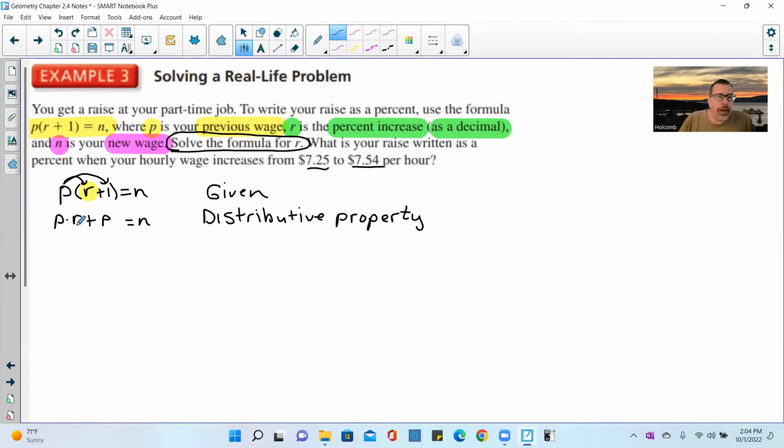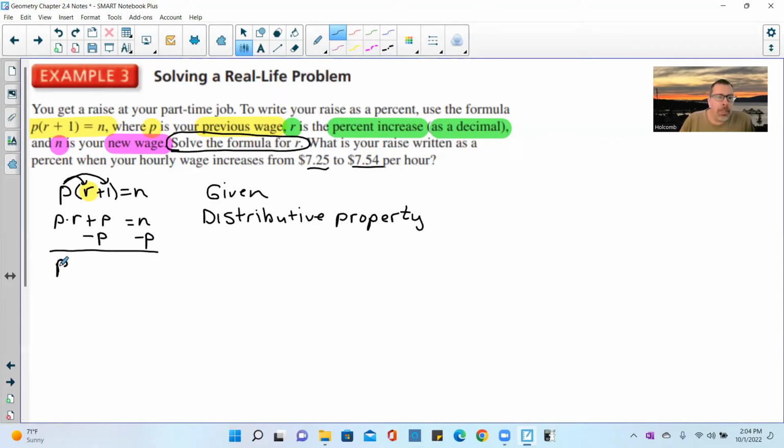So we're trying to get R by itself. So you ask yourself, what do we do now? Now we're moving across the equal sign and we do order of operations. There's no grouping, there's no subtraction, there's addition. The inverse of addition is subtraction, so I'm going to subtract P from both sides.